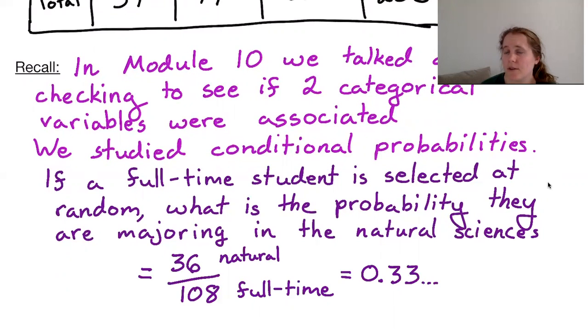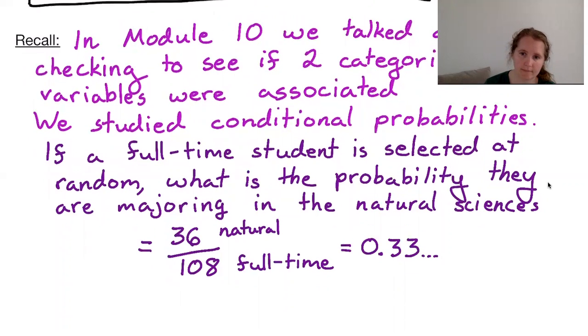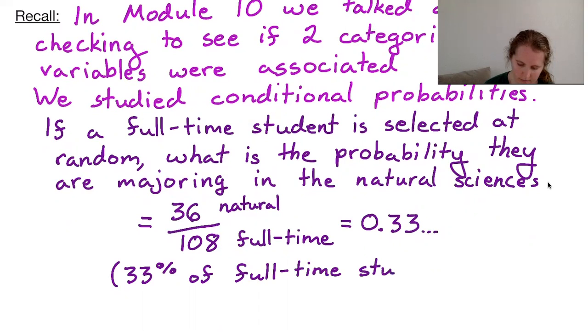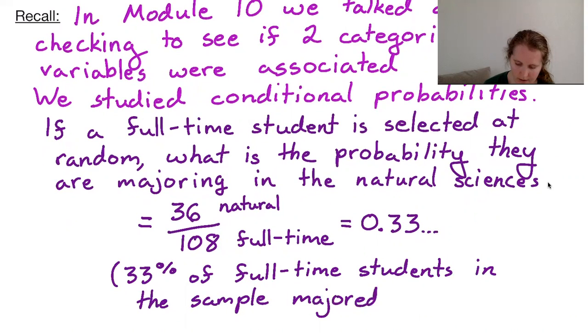So basically 33% of full-time students in our sample majored in the natural sciences.